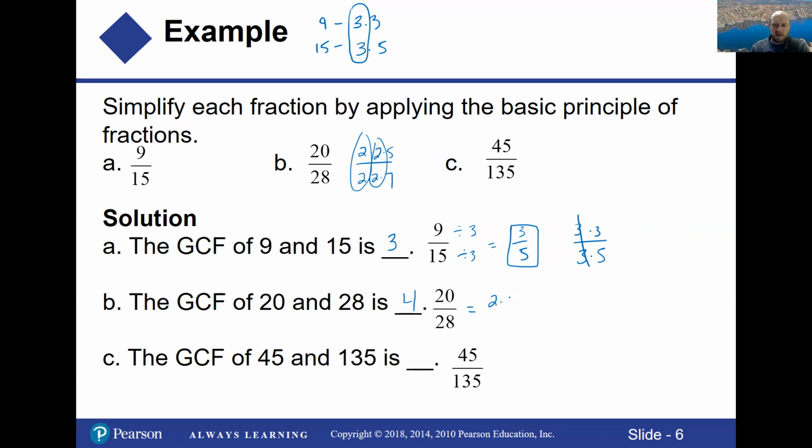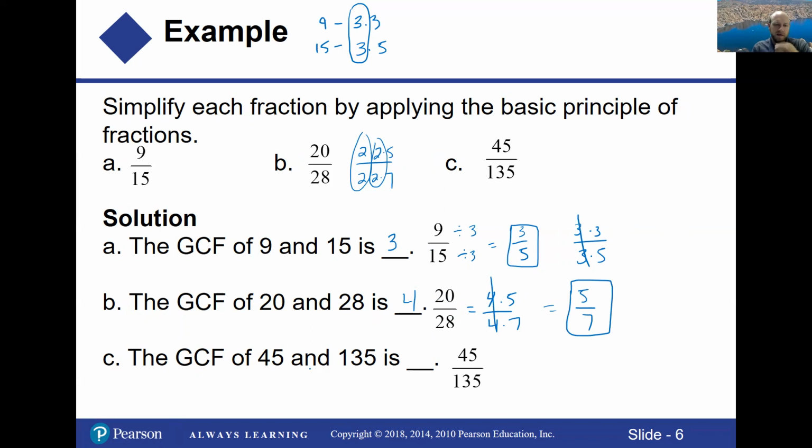Or you can kind of split it up like this. Actually, I'm not going to write a 2 there. I just found the GCF to be 4. So what I'm going to write is 4 times 5 is the same thing as 20. And then 4 times 7 is the same thing as 28. And then I can cancel that greatest common factor out of those two, and I'm left with 5/7. Again, you could take 20 divided by 4, and that's 5. And then 28 divided by 4 is 7. However you want to do it.